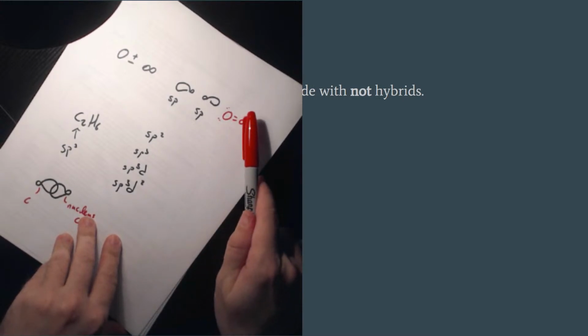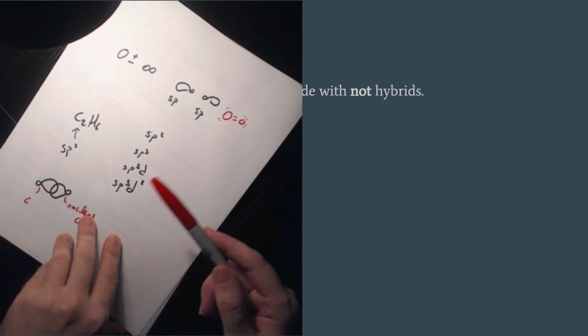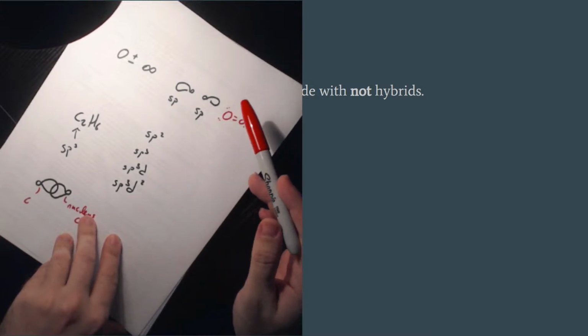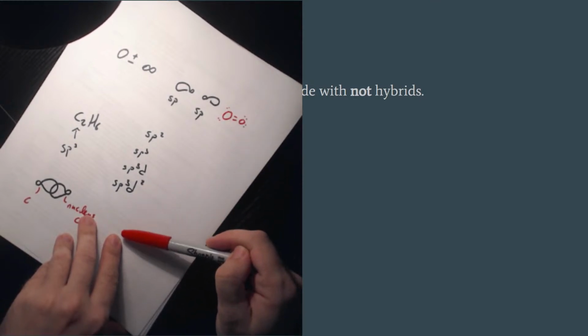Therefore, when we want to form the second bond, we no longer have that orbital to use. That orbital is no longer present. So we have to use a p orbital that is pointing 90 degrees away from where we want in order to form that pi bond.